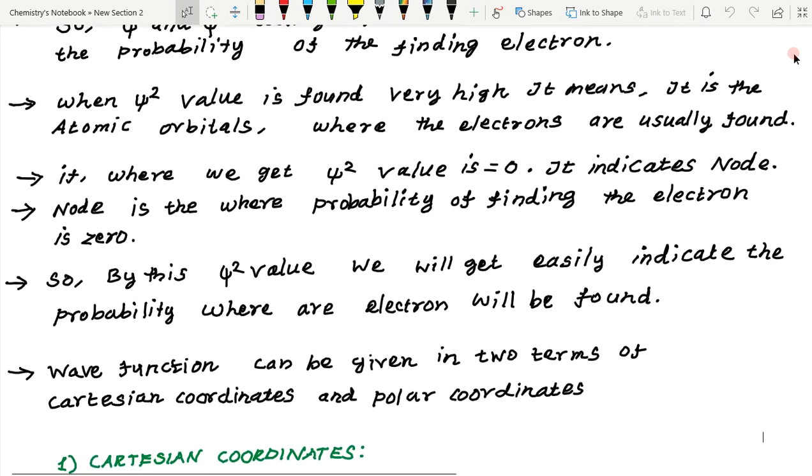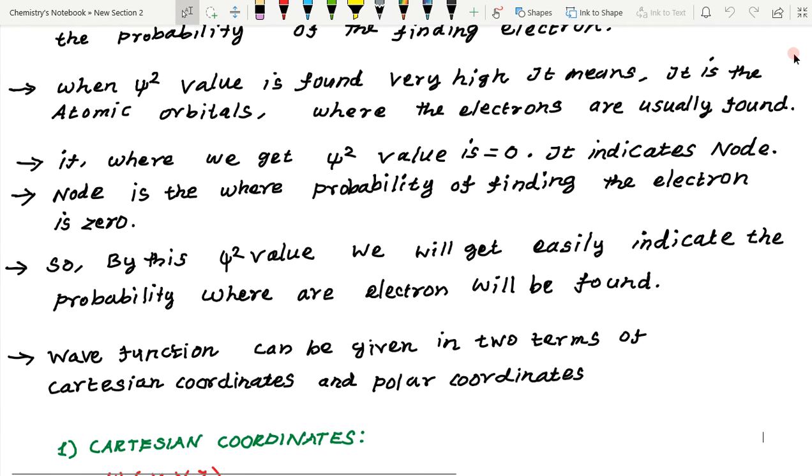If the psi star psi value is 0, it indicates a node. A node is where the probability of finding the electron is 0. So by this psi square value we can easily identify the probability of where our electron will be found.